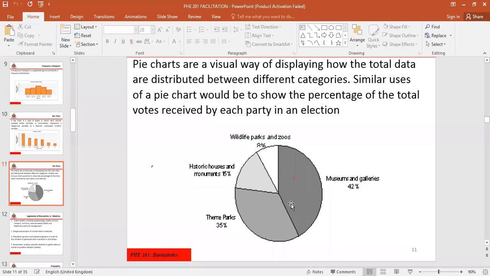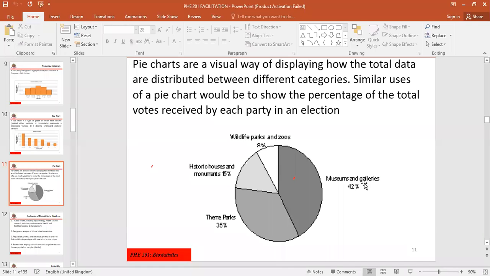Now take for instance a particular amusement park where all these things that they have mentioned are. They may decide to look at the entire land mass that the amusement park covers. Which percentage of the land covers wildlife parks and zoos? What proportion of the land covers museums and galleries?